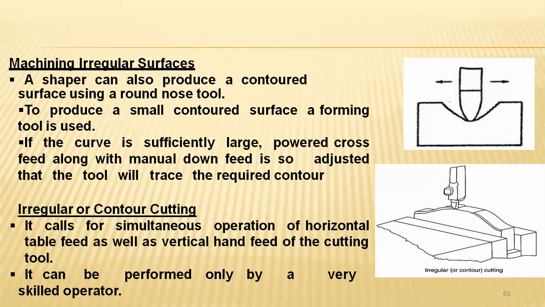Contour positions, in the sense of irregular shapes and irregular surfaces. So you need to work towards it, but greater power cross feeding, guided with a manual mode of action, is required for these contour positions.